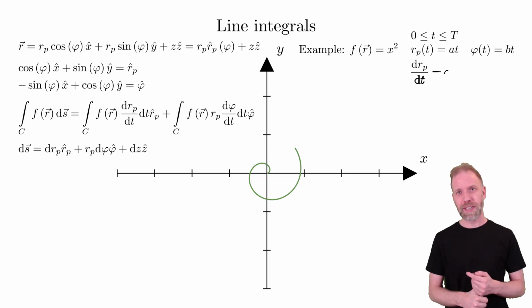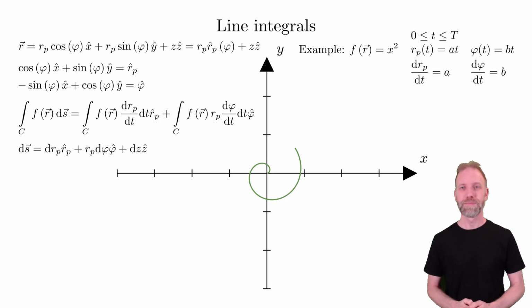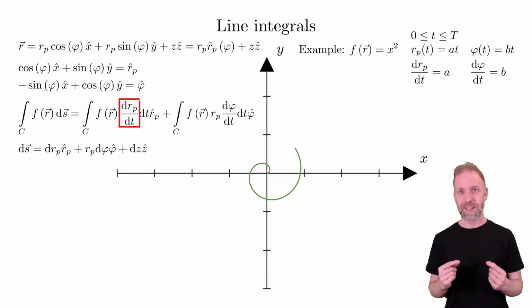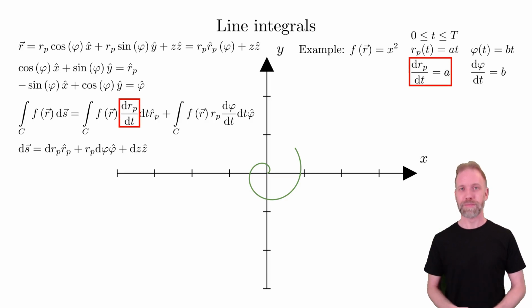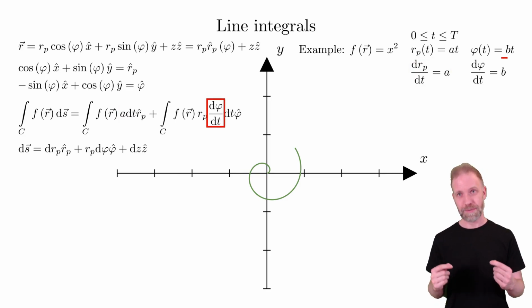We have the two derivatives, the rp dt is a and the phi dt is b. Let's insert the rp dt and insert the phi dt.